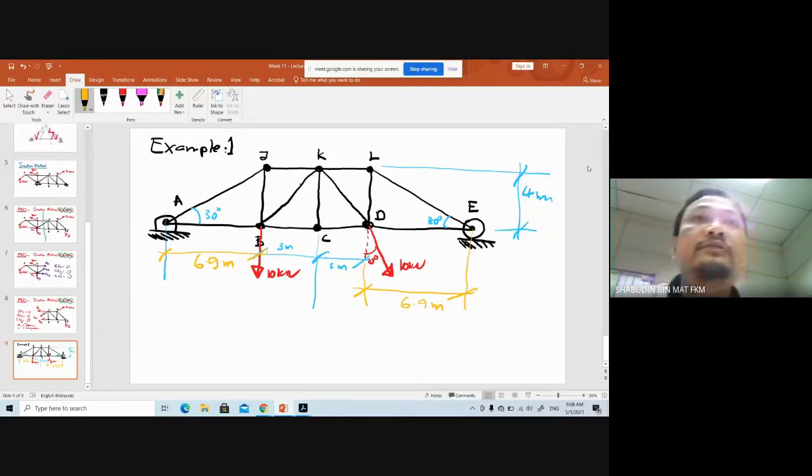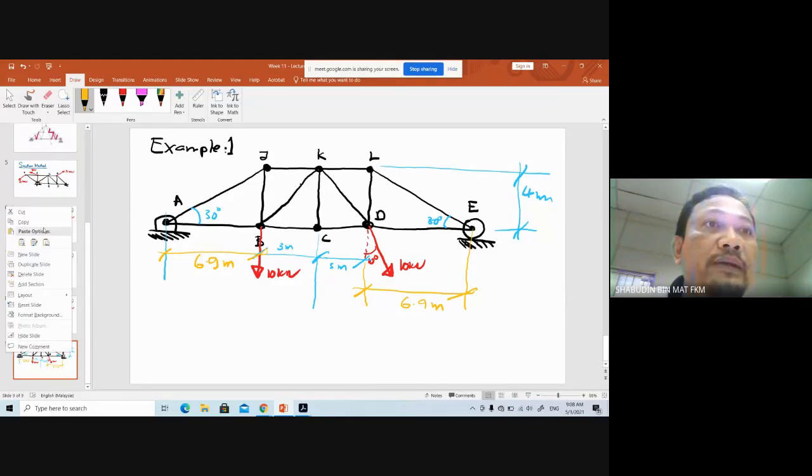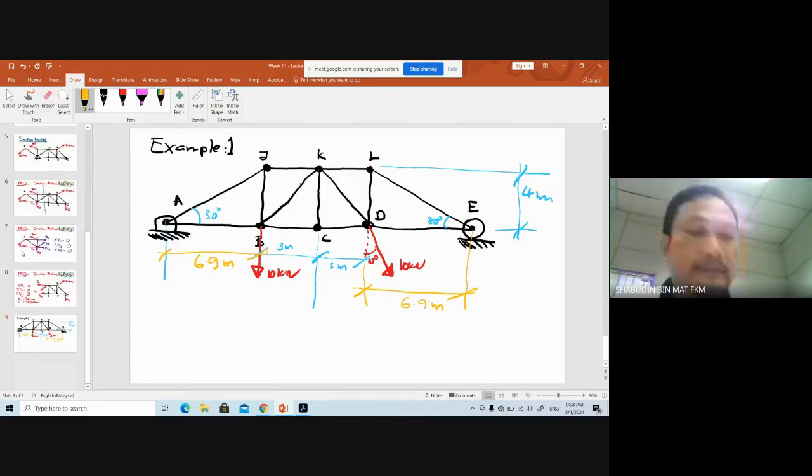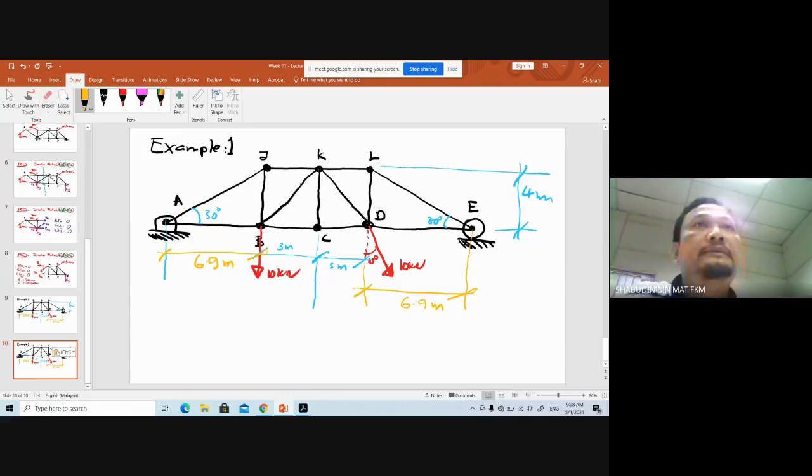Okay, the first thing is to do the free body diagram correctly. Copy, and paste here. And you do the erase. Small erase. You remove this, and when you remove this, you replace it with the force.